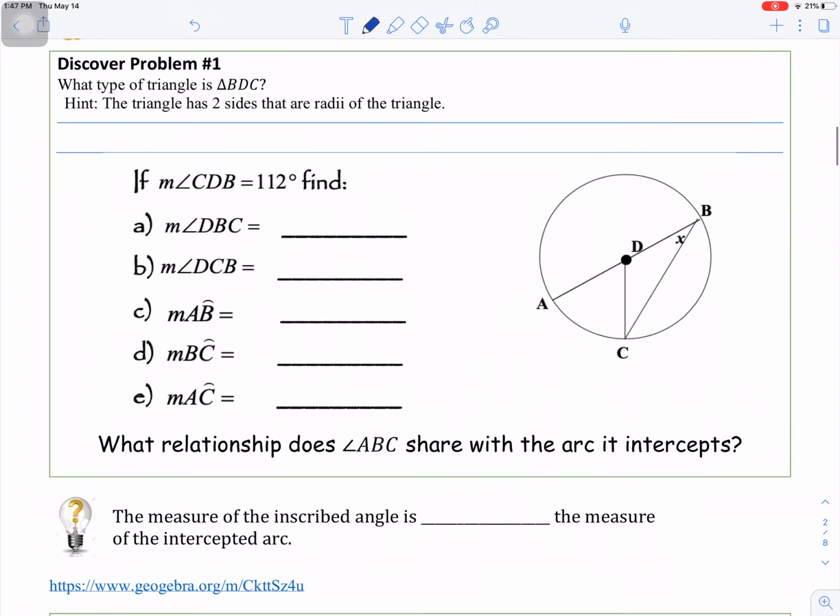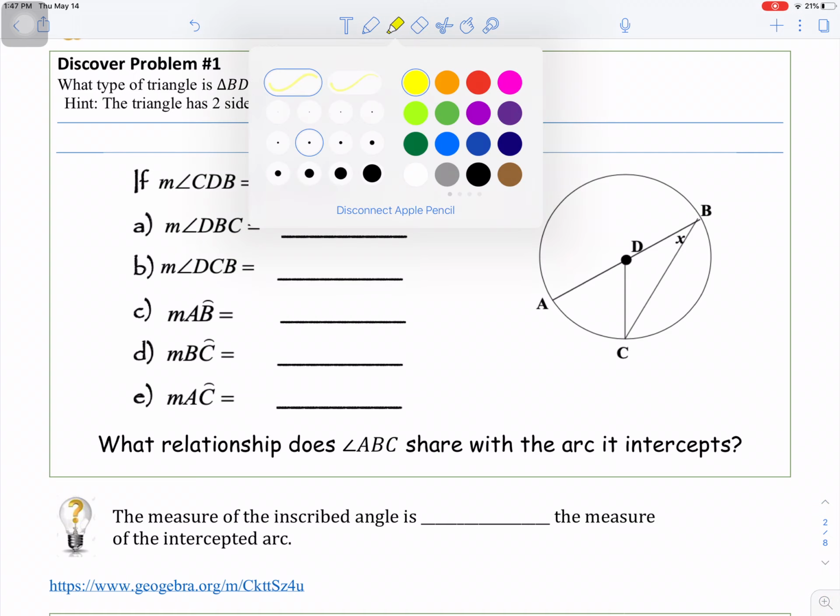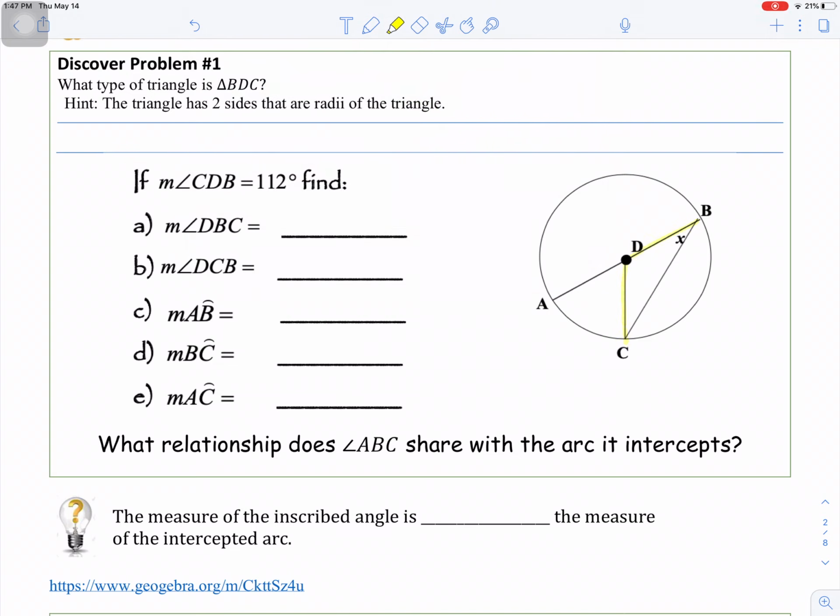Okay? So my first question is, what type of triangle is triangle BDC? What type of triangle is that? Now you might look at it and say it's obtuse because it looks like angle BDC is greater than 90, but and that probably is true.